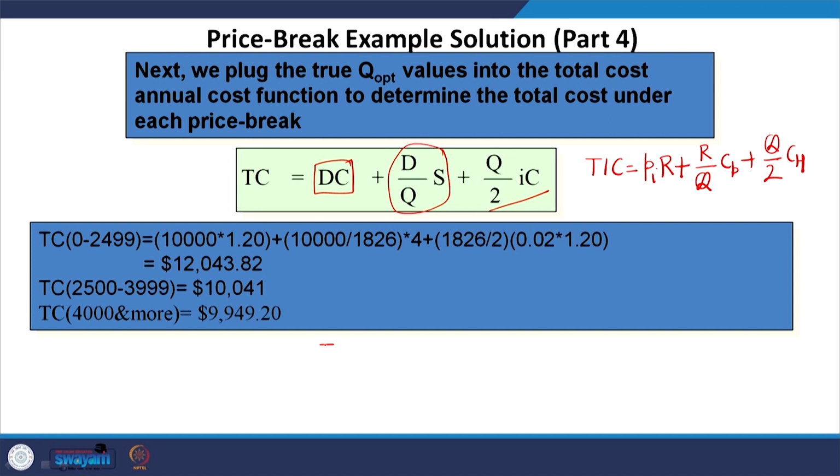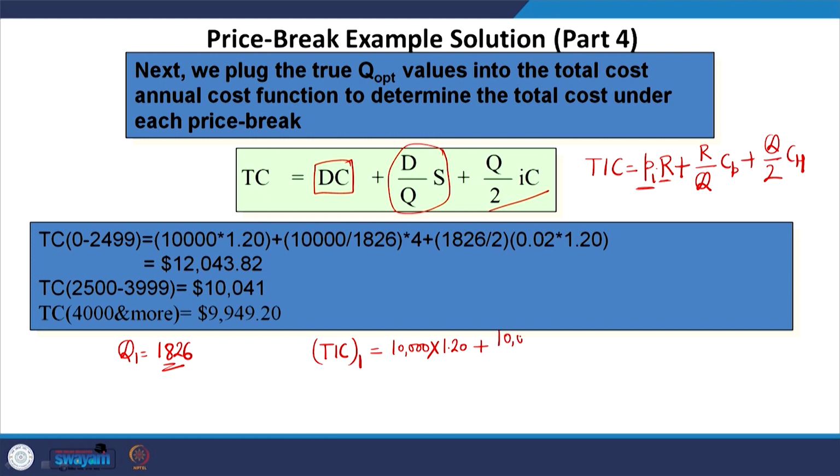So, TIC1, which is corresponding to Q1 equals 1826, and I am writing it for your benefit. Our total requirement is 10,000 units and Pi is the corresponding price. Since Q1 is 1826, the price which will be charged by the vendor will be $1.20. So, this is giving you the effect of material price.